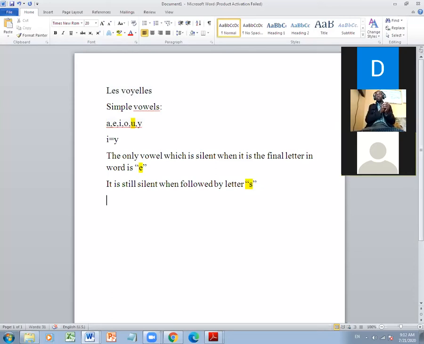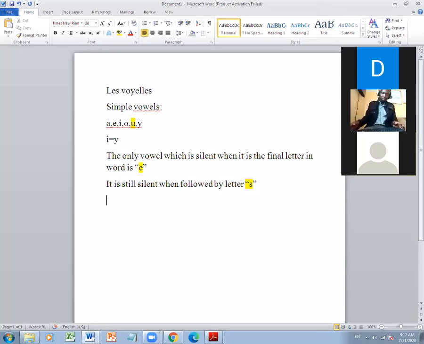Okay, so any letter which is followed by S is silent. S does not bring any change in pronunciation. So if a word ends with E or ES, the two are silent. Okay?